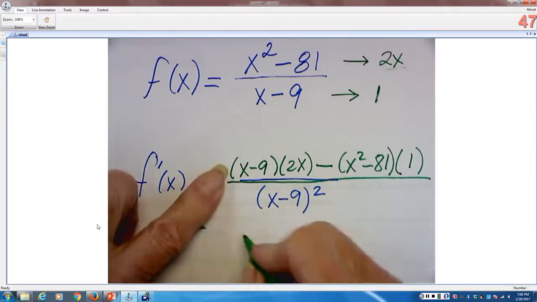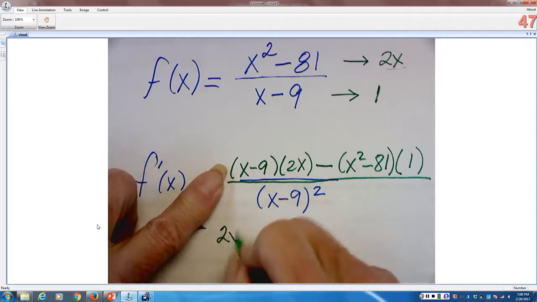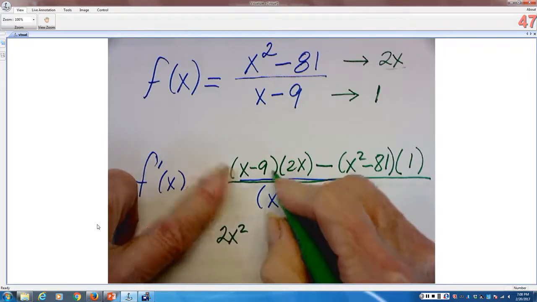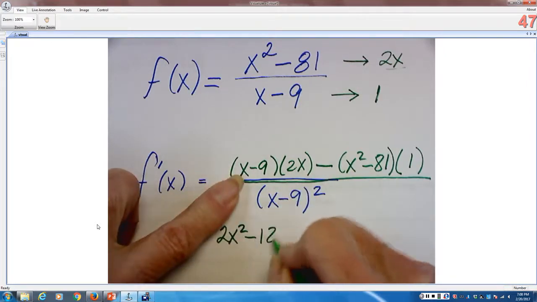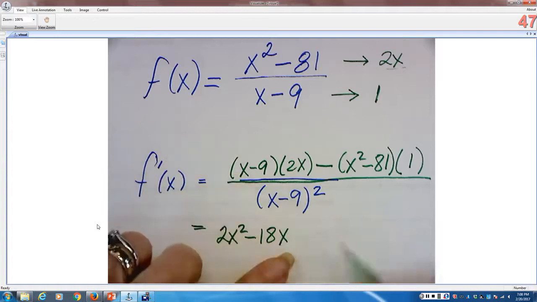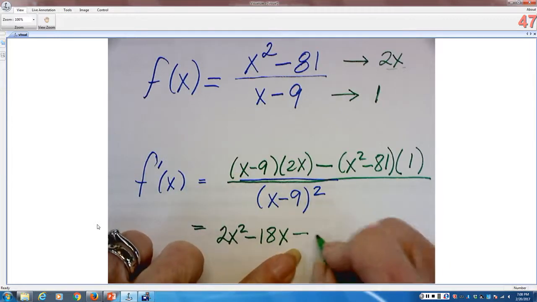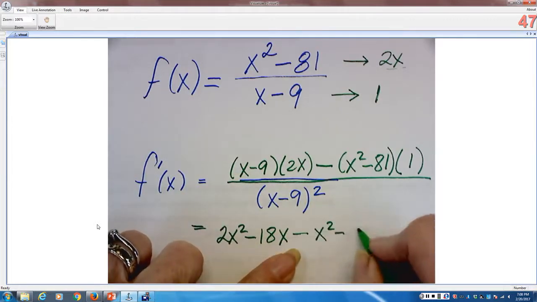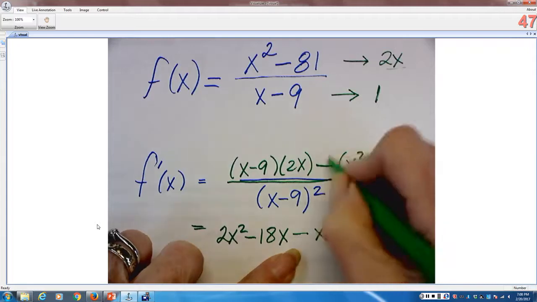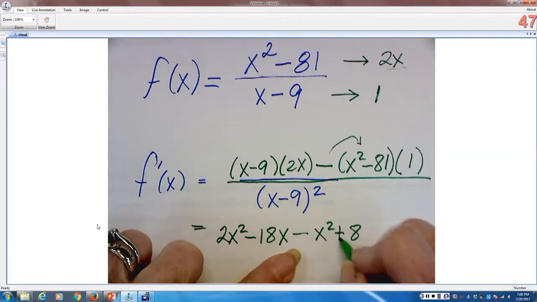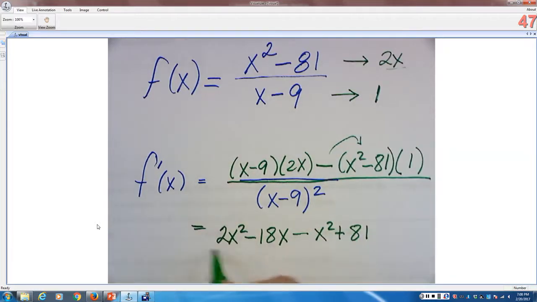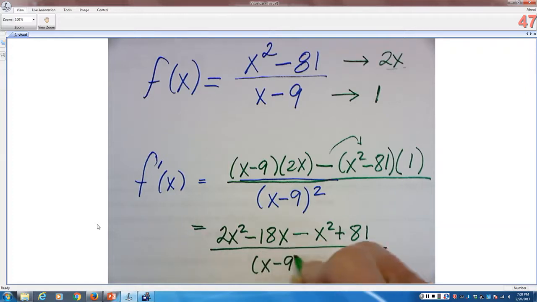So 2x times x is 2x squared, and minus 9 times 2x is minus 18x, minus x squared plus, thank you, plus 81 over x minus 9 squared.